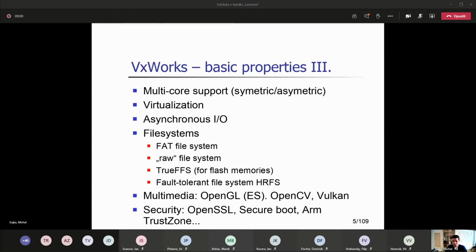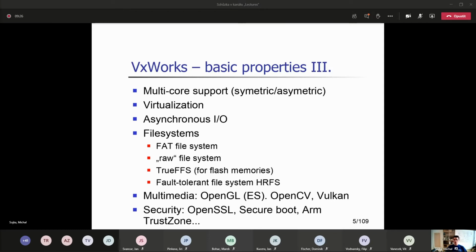VxWorks also supports multimedia, like accelerated graphics, accelerated computations, and so on. Nothing fancy here, just what everybody else offers. And also security is important nowadays, so even VxWorks supports some security features like secure boot, ARM TrustZone, and so on.